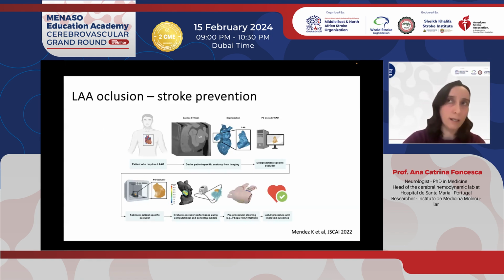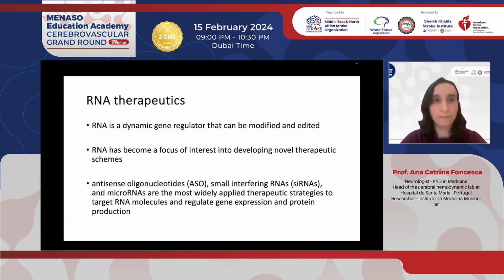Currently, it's an alternative approach in patients that continue to have events, although they have been anticoagulated, or cannot be anticoagulated. So precision medicine can be used to design specific occluders for these patients in order to increase efficacy and improve outcomes. RNA therapeutics is also something that can be used in the future.